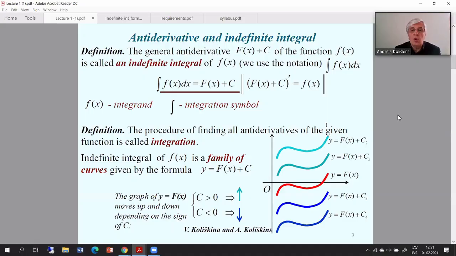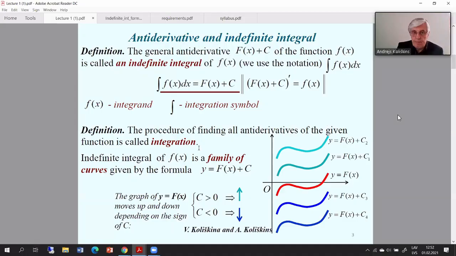But at a later stage, when we start to compute definite integrals, it becomes clear that definite integration is really some sort of a limited form of addition. Okay, so that's why this symbol makes sense. The procedure of finding all antiderivatives of the given function is called integration.